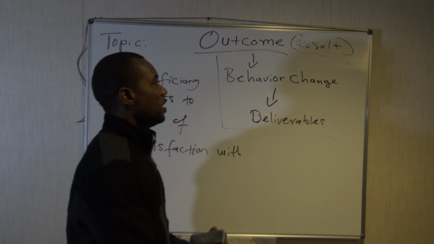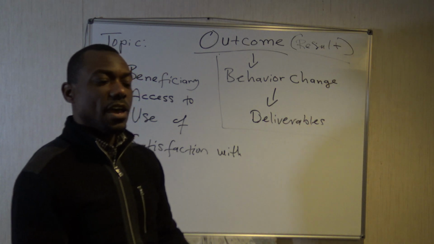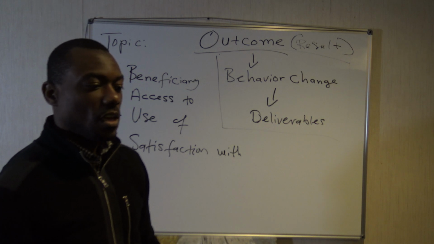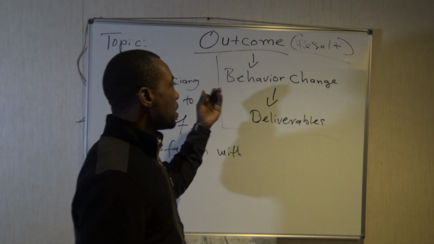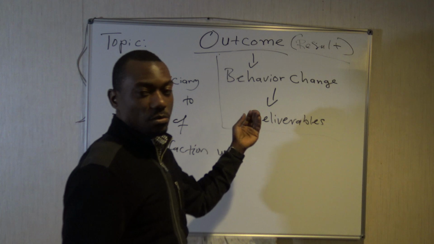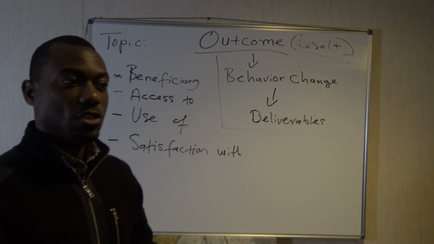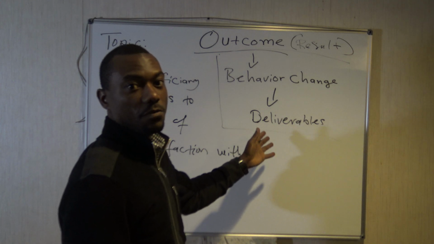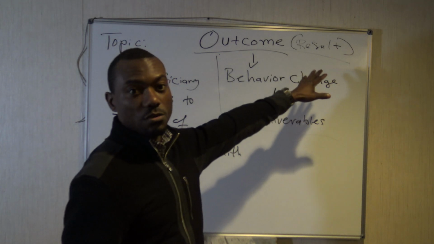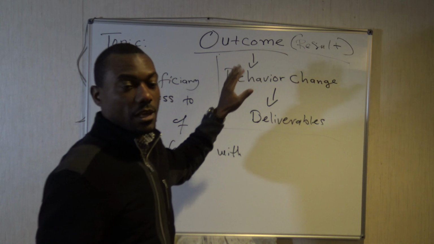By evaluating performances, by assessing performances. If you evaluate your project beneficiaries' performances towards your deliverables, you will definitely know that you are resulting to something, and you know what your outcome is like.